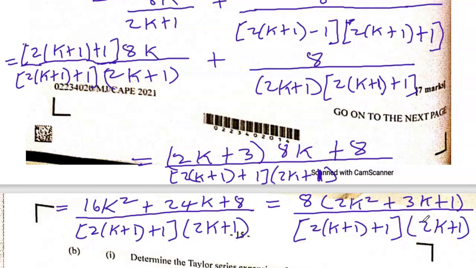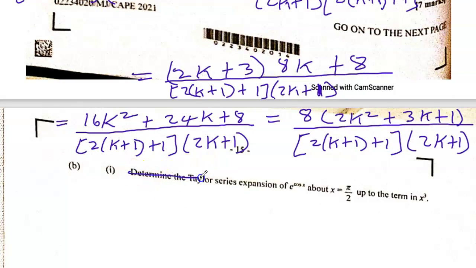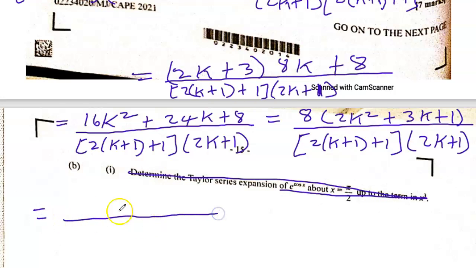And notice the quadratic there in the numerator. Alright, continuing. So again, the denominator will remain the same: 2 into (k plus 1) times 2k plus 1.